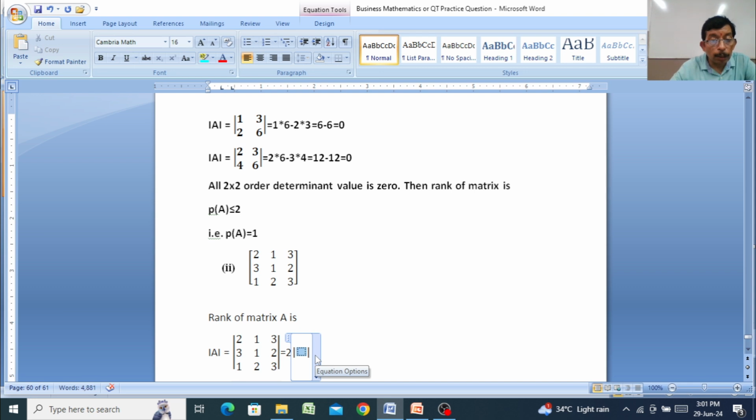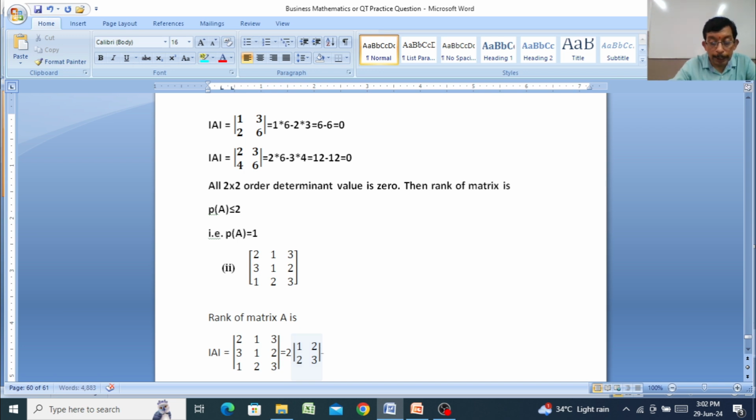The first element of the first row is 2, then the corresponding element, we cancel out the first row and first column elements, then the remaining elements 1 2 2 3 form the 2 by 2 order determinant. The first cofactor corresponding to the first element is obtained by deleting the first row and first column, and the remaining elements form the 2 by 2 determinant, that is 1 2 2 3.